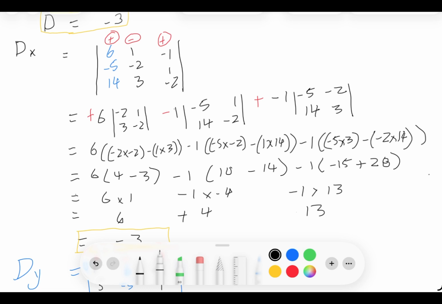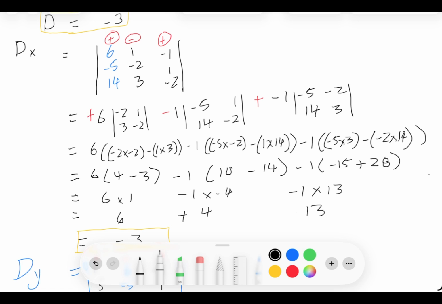So that becomes 6 times in brackets 4 minus 3 minus 1 times in brackets 10 minus 14 minus 1 times in brackets negative 15 plus 28, is equal to 6 times 1 minus 1 times negative 4 minus 1 times 13.